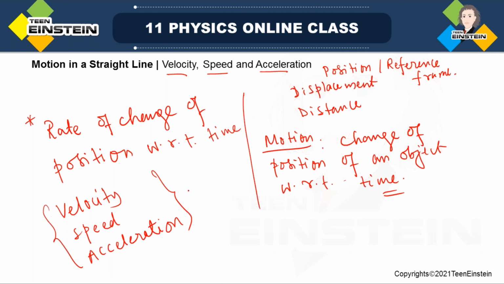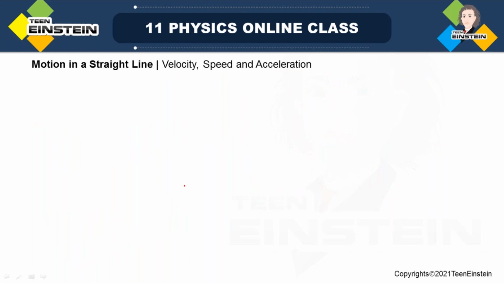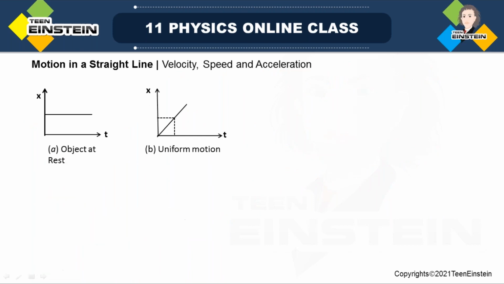Before I get into this directly, let me tell you the graphical representation of the state of motion of an object. In this, this is your vertical axis where I am plotting position, and in the horizontal axis I am plotting time.